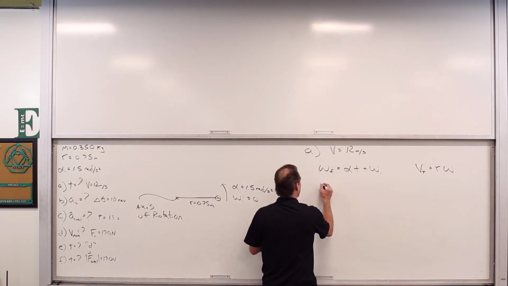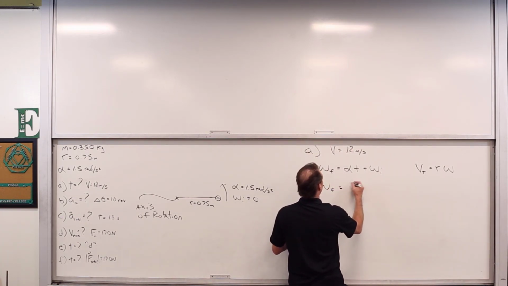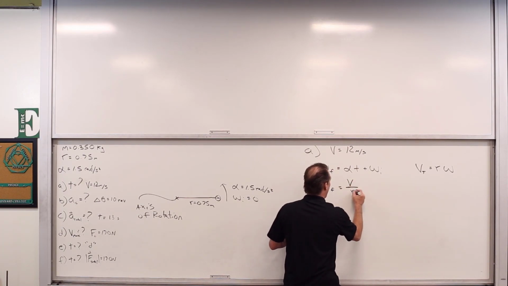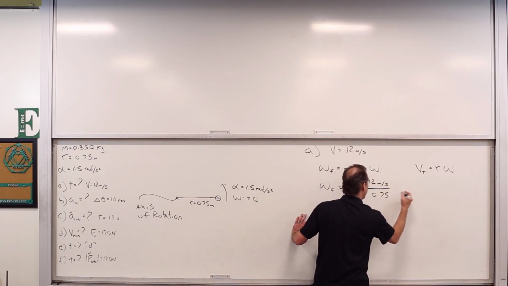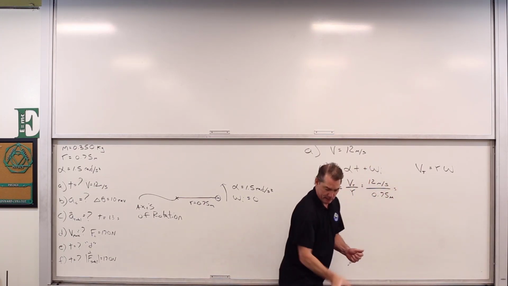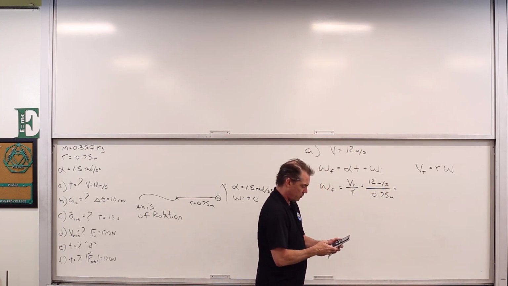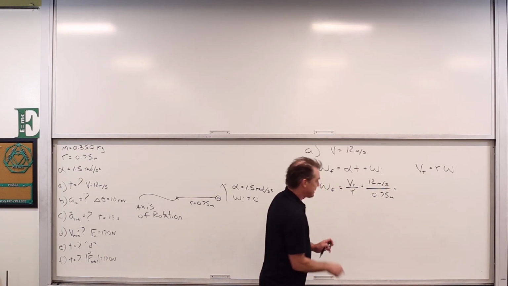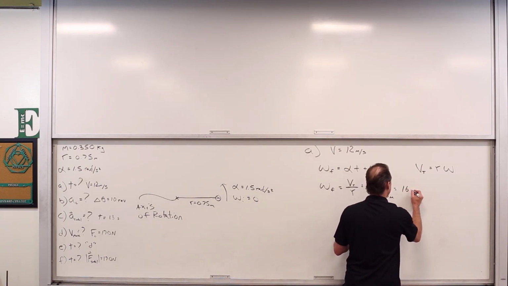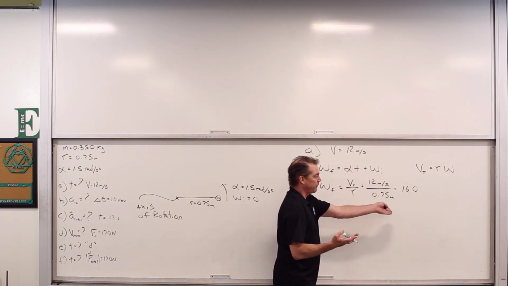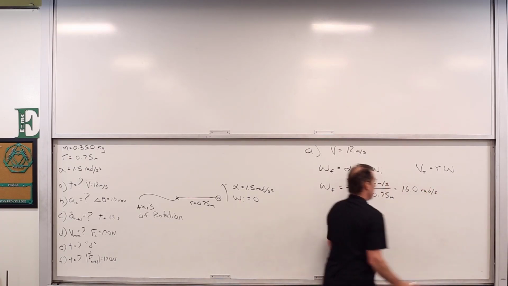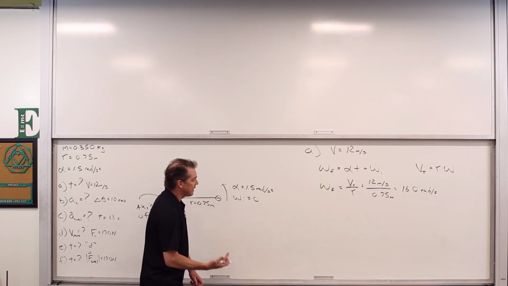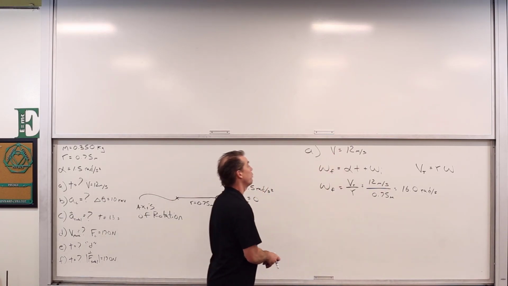Omega final is equal to v divided by r, which is 12 meters per second divided by 0.75 meters, which is 16.0. Meters cancel out, we're left with per second. Radians pops up because this is an angular quantity, so we get radians per second. So there's the equivalent angular speed with respect to the tangential speed being 12 meters per second.